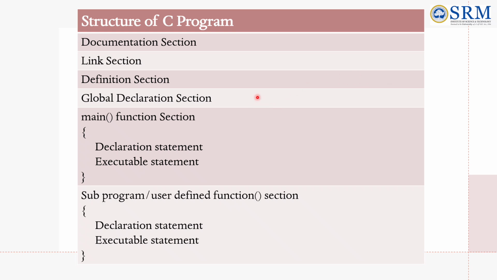Global declaration section, float sum. Then followed by that, we have main function section with executable statements. The last and final thing we need to understand is the subprogram section, which may be covered during the functions concept. But remember, in C program structure, we have subprogram section below main function, which is similar to main function section.